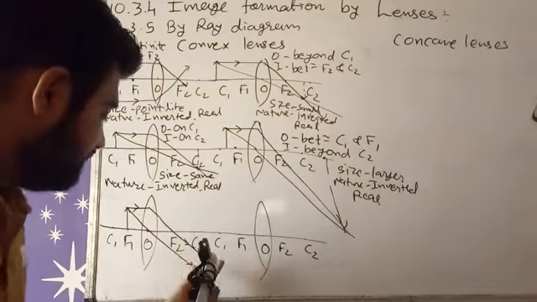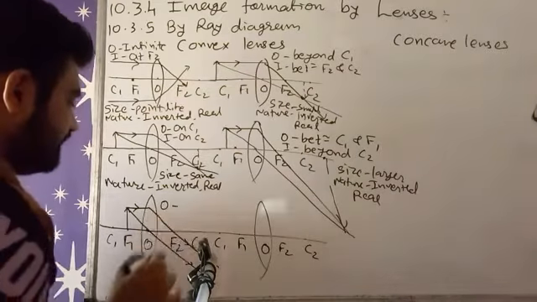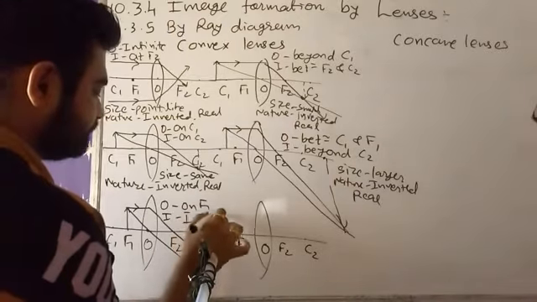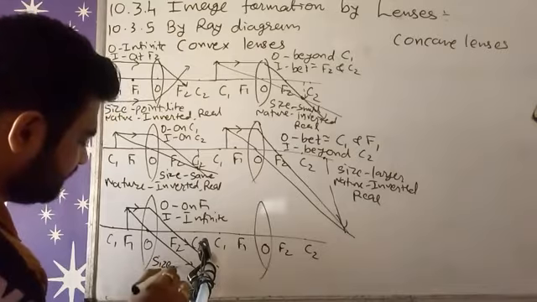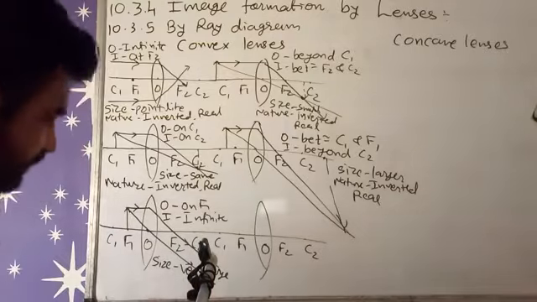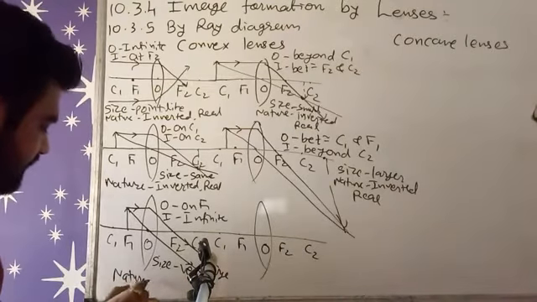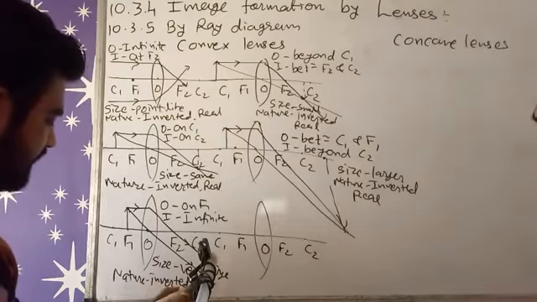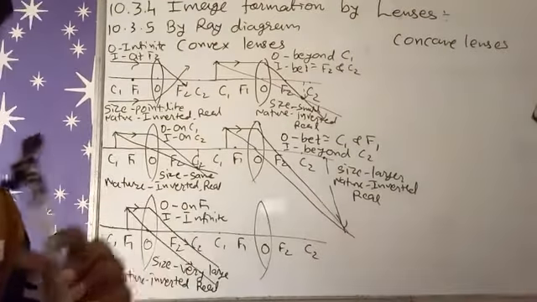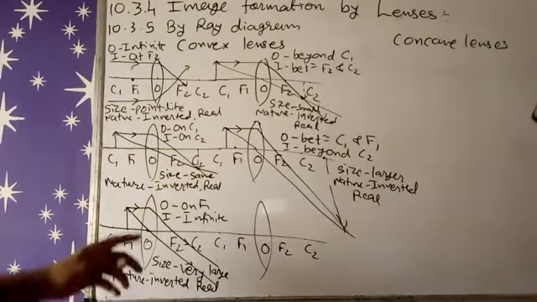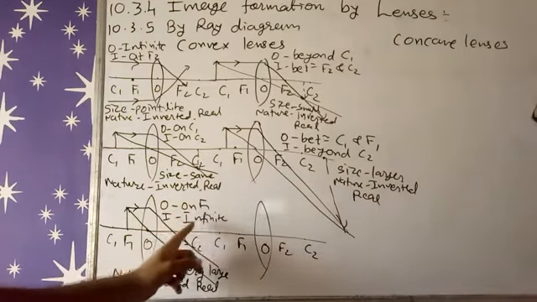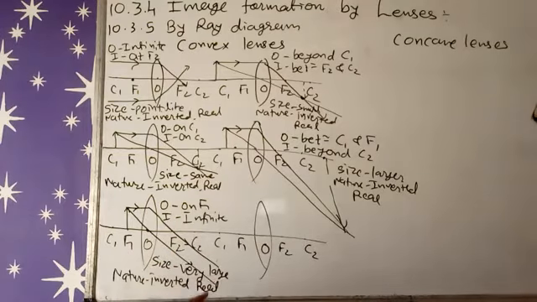So the object is on F1, the image is at infinity, the size is very large because it is at infinite distance, and the nature is inverted and real. That is our fifth characteristic: object on F1, image at infinity, size very large, nature inverted and real.